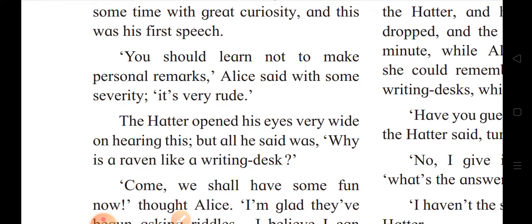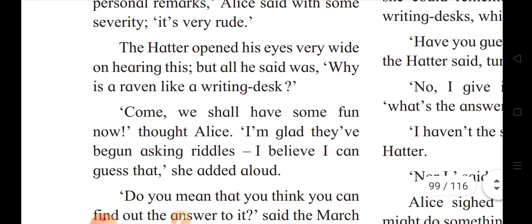Okay, so the Hatter opened his eyes very wide on hearing this, but all he said was, "Why is a raven like a writing desk?"